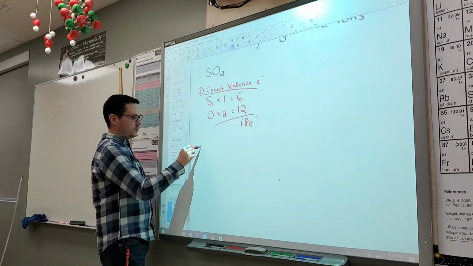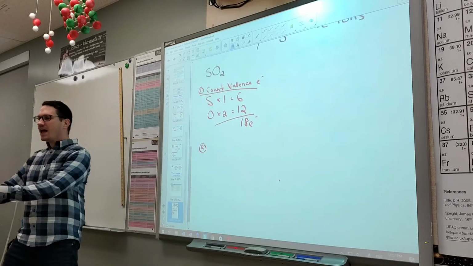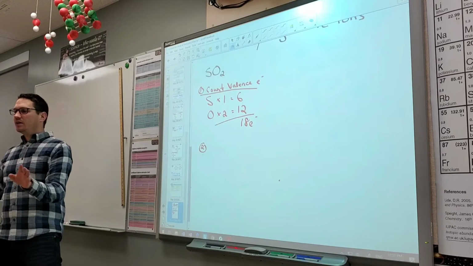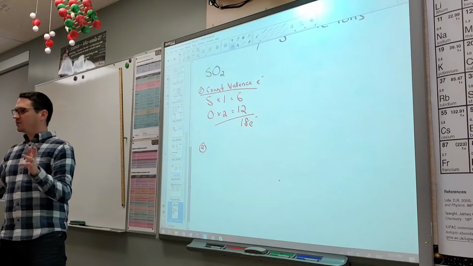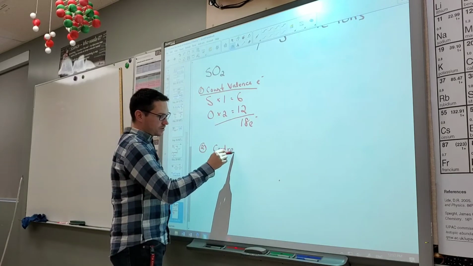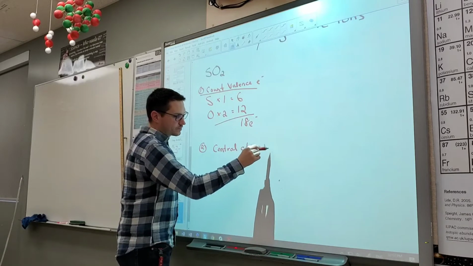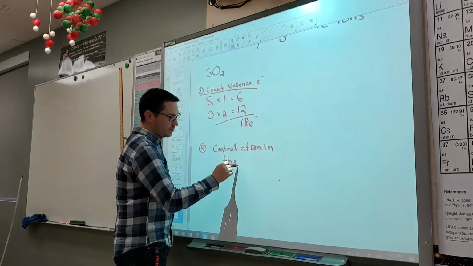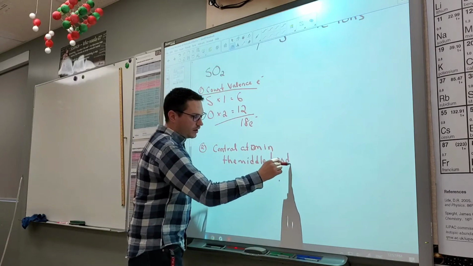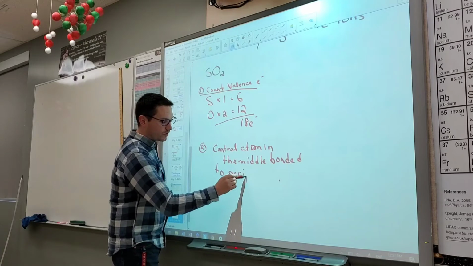Number 2, the second thing we were supposed to do is put the central atom in the middle, put the peripheral atoms on the outside, and just bond them together using electrons. So central atom in the middle, bonded to the peripheral atoms.